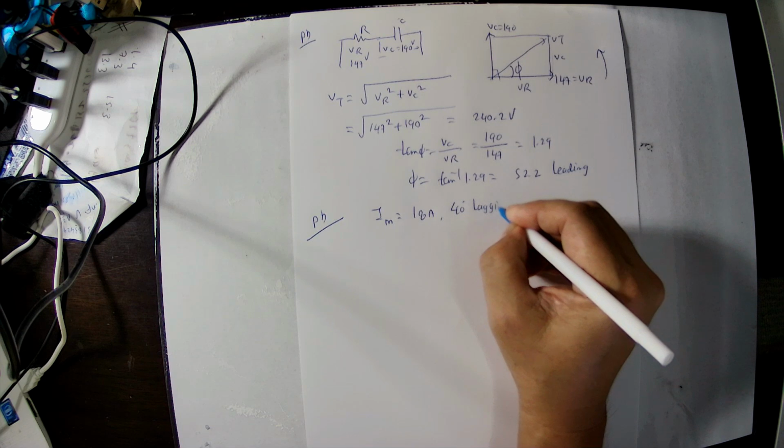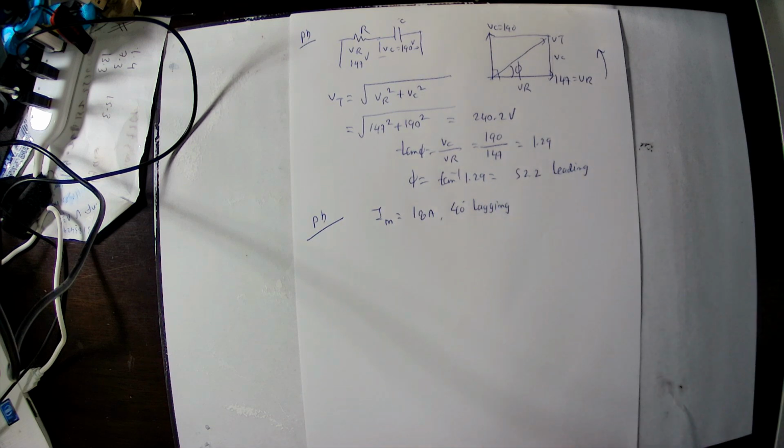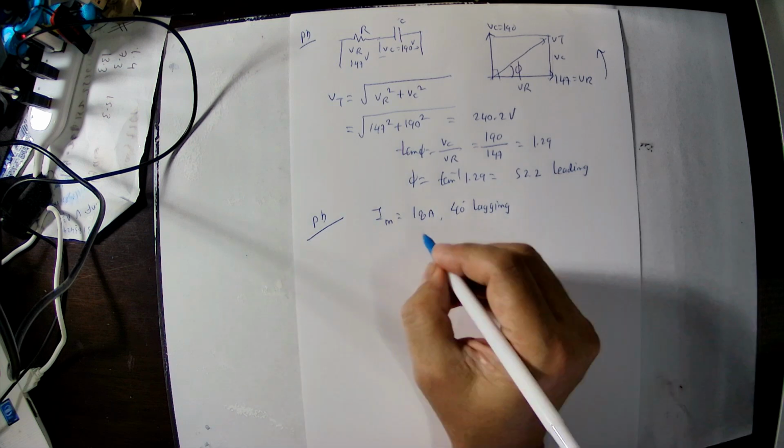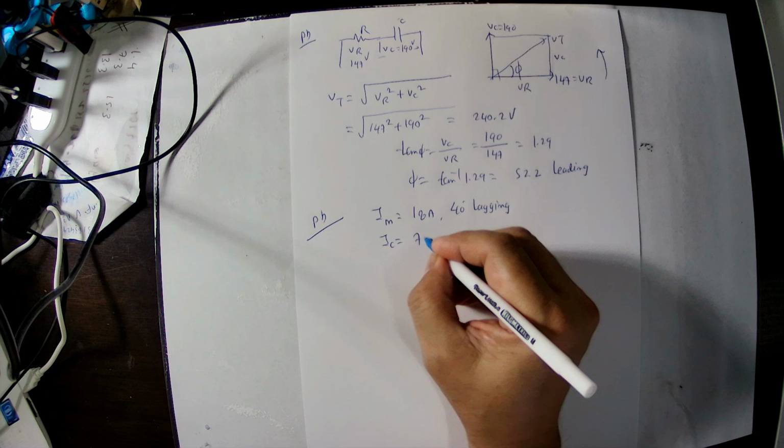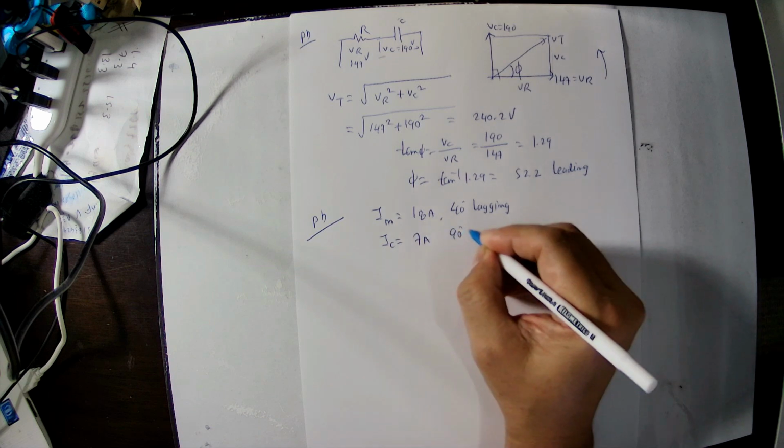Then we connect the capacitor. Capacitor connected across the motor draws 7 ampere leading phase angle 90 degree. So the capacitor IC draws 7 ampere and 90 degree leading. So this is the information given.